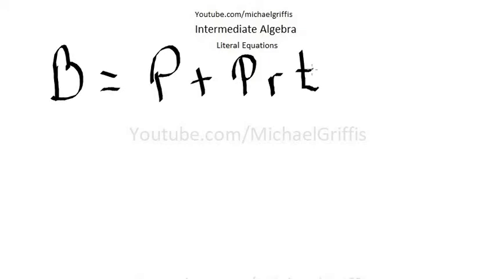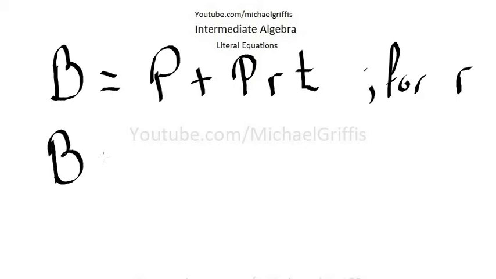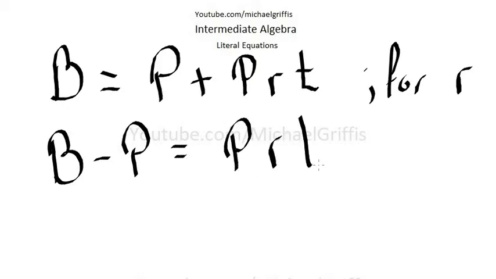Let's say we have b is equal to p plus prt, and we want to solve for r. So we're going to subtract p from both sides. So we're left with b minus p is equal to prt.